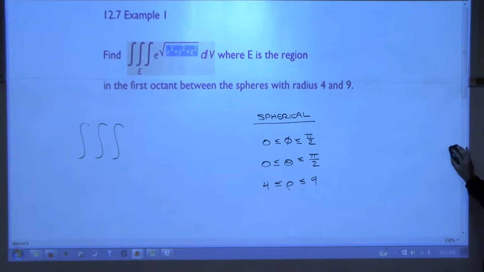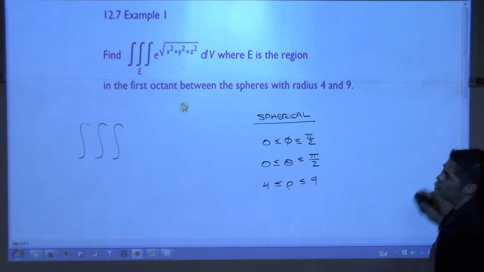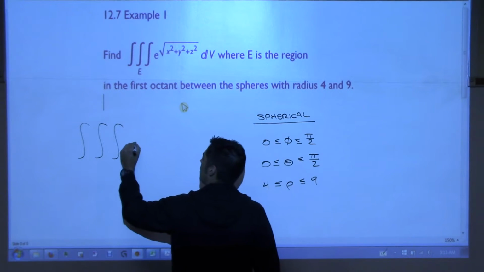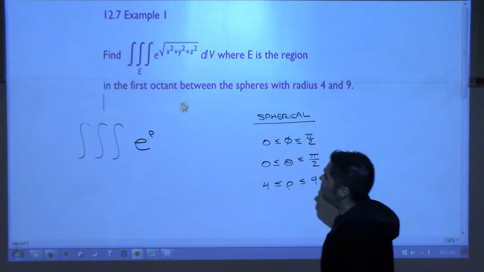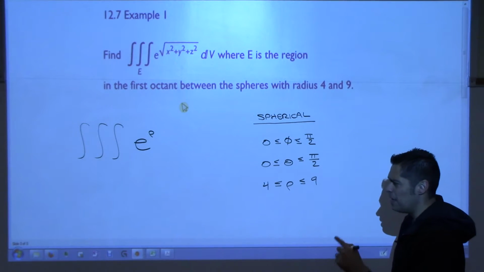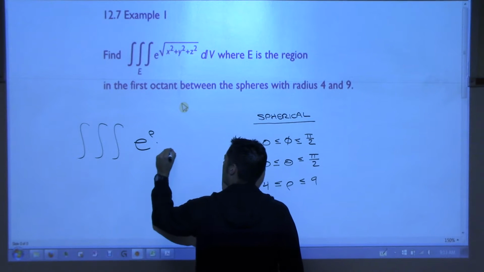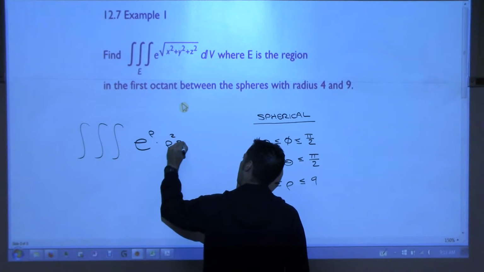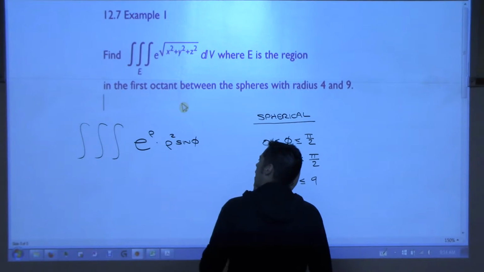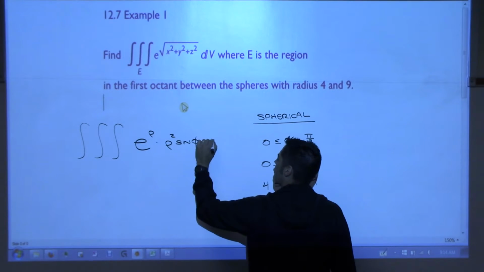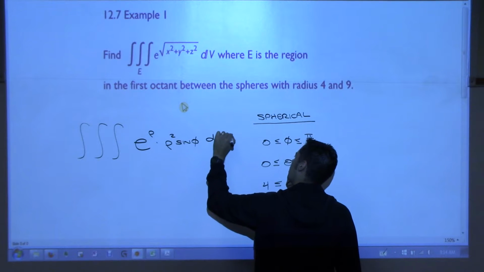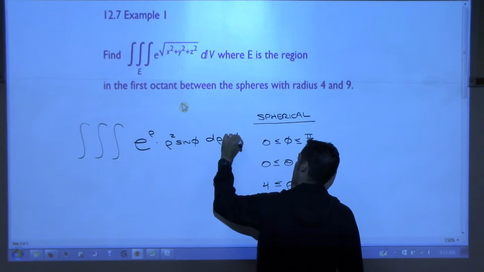Take the square root, you just get rho. So when I convert that to spherical, that's just going to be e to the rho. And then because I'm switching to spherical, I have to put in that special thing, which is rho squared sine phi. And then my order of integration doesn't matter because these are all constants. So I'll go d rho, d phi, d theta.